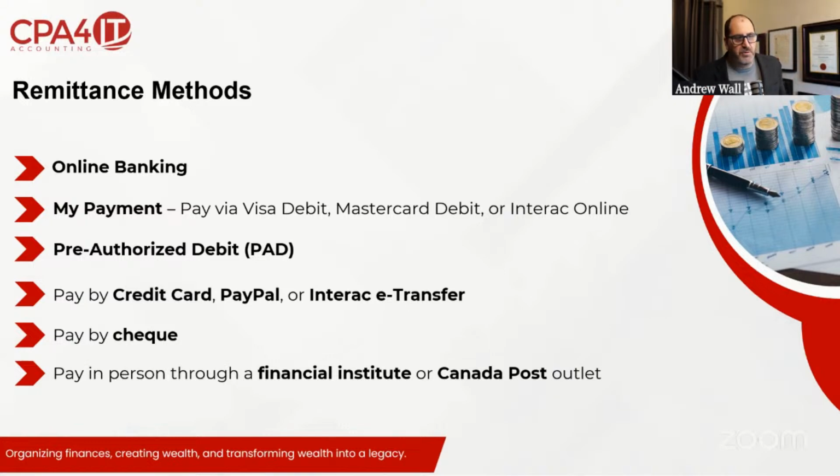The same information will be required if you're going through the My Payment site on CRA, or the My CRA account with My Payment. The thing to be aware of here is that you can pay by debit card, which is Interac, which is typically going to be limited to a maximum per day of $3,000.